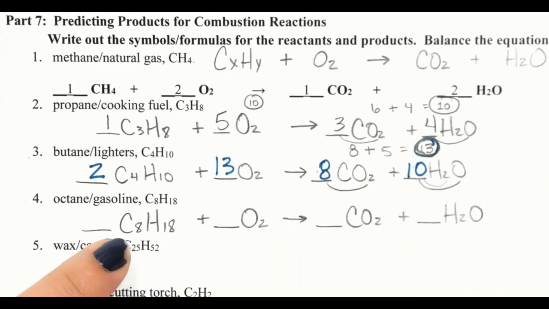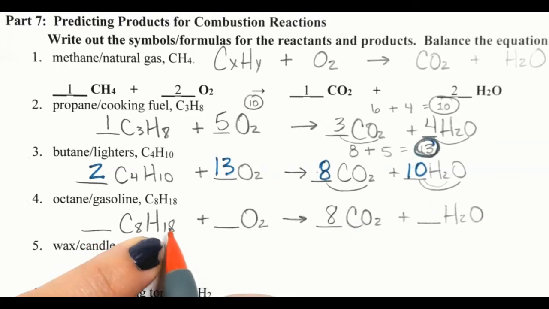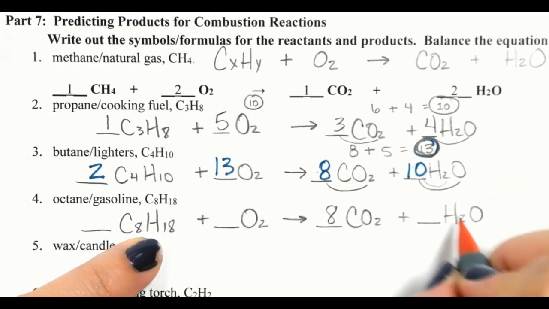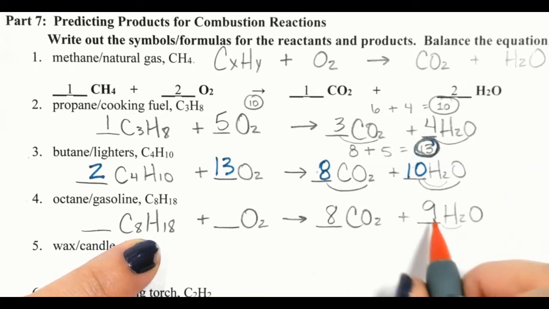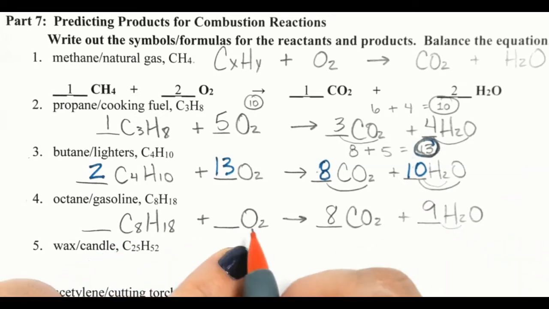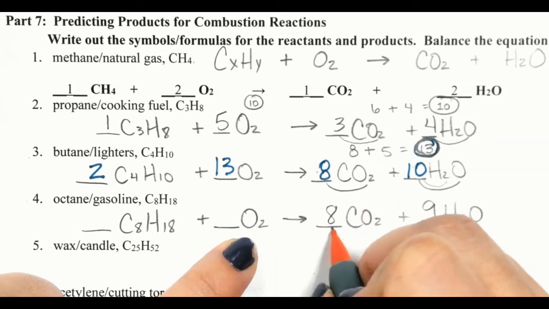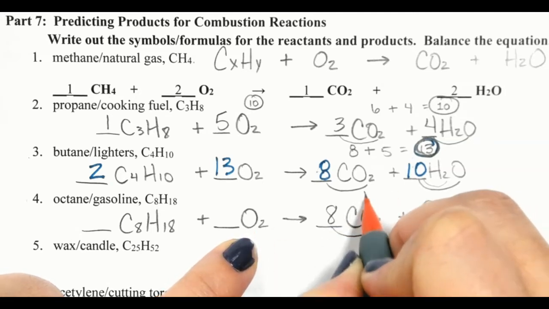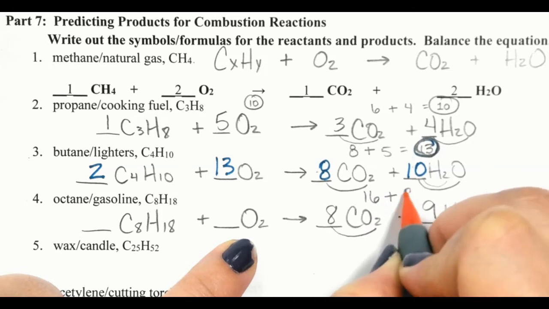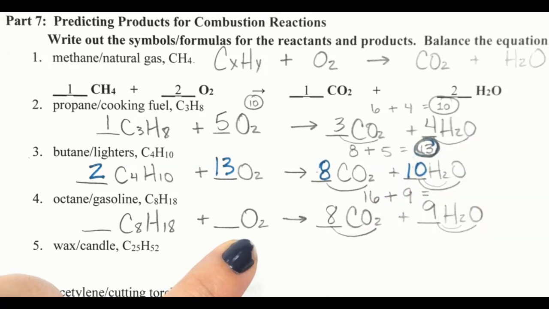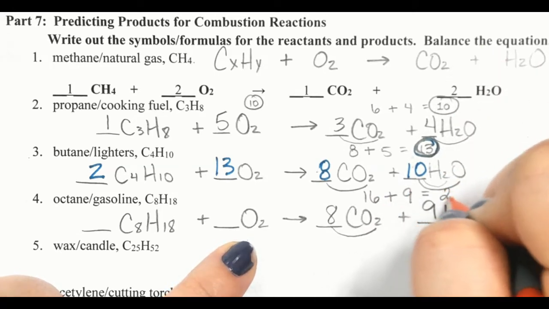We have 8 carbon on the left, 8 carbon on the right, 18 hydrogens, so over here 9 times 2 is going to give me 18 on the right. Now the oxygens. You have 2 oxygens on the left. A total of 8 times 2 is 16 plus 9 is equal to 25.